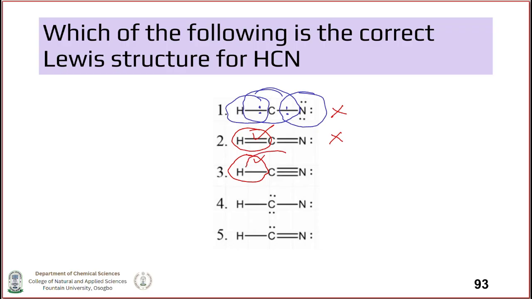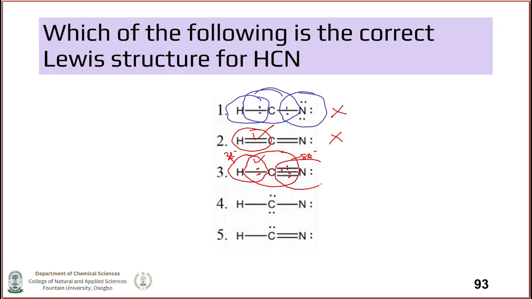For this one, hydrogen has a duet, which is correct. Carbon, let's count the octet around carbon, whether it is satisfied. We can see 2 electrons, 2 electrons, 2 electrons, and 2 electrons. So we have 8 electrons around the carbon atom, and 2 electrons around this hydrogen atom. Let's count for nitrogen.